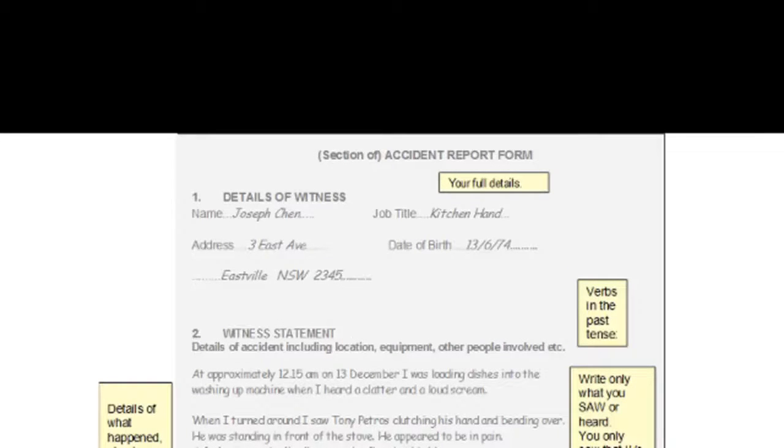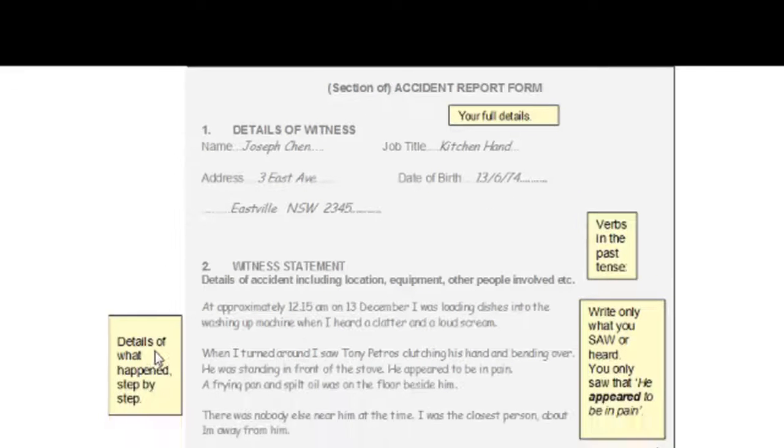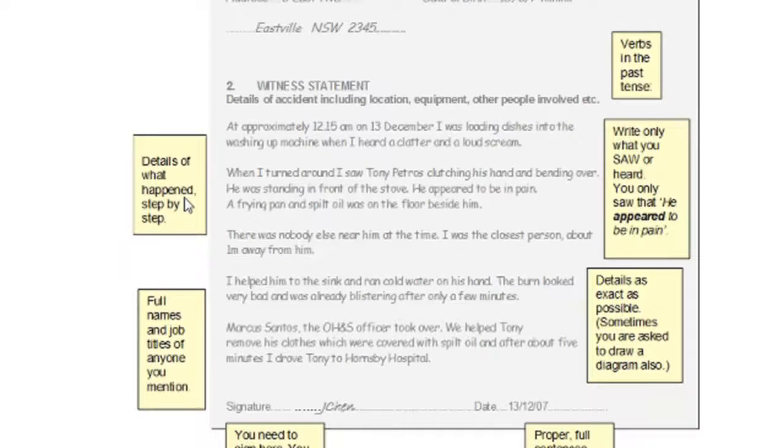And what are the text features of the text? Read it through with them, and they'll discover that we've got the full details of what happened step by step, steps separated by a nice bit of white space. You've got the full names and job titles of anybody who's mentioned. Remember, a third person has to look at it.